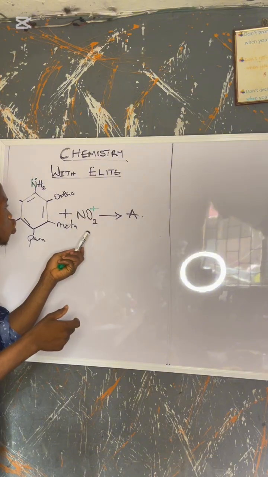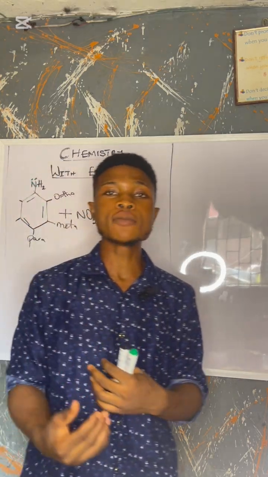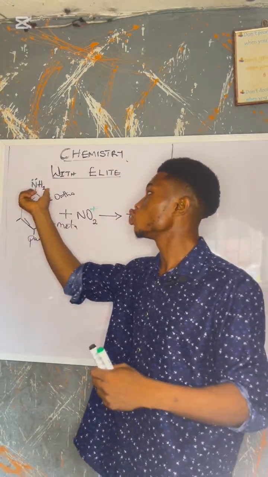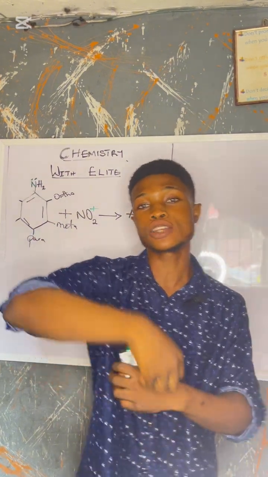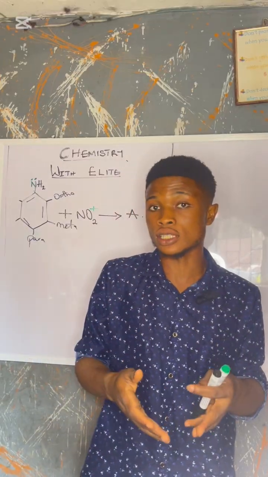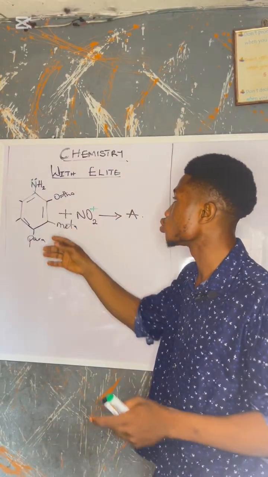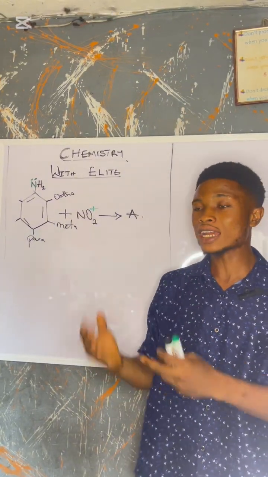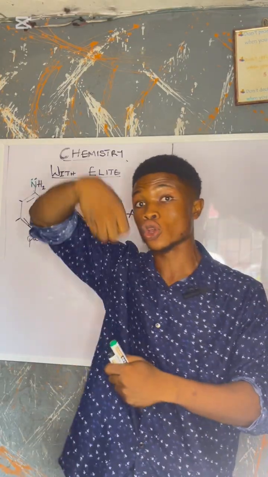Now, the NO2 group, where is it going to occupy? Is it the ortho, the meta, or the para? Now take note, what determines the position of the new incoming electrophile is the group that is already attached to the benzene ring, whether the group is electron withdrawing or electron donating, whether it's an activator or a deactivator. Now, NH2, which is an amino group, is it an activator or a deactivator? An activator is electron donating, and a deactivator is electron withdrawing.